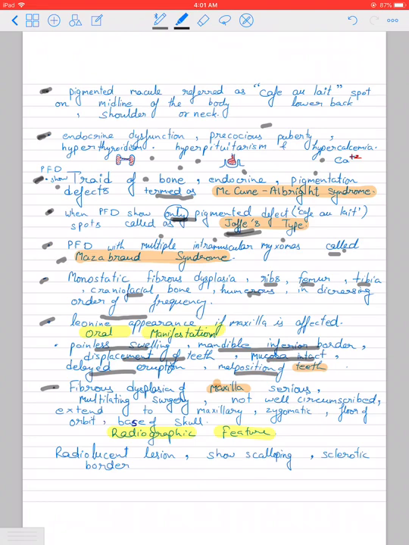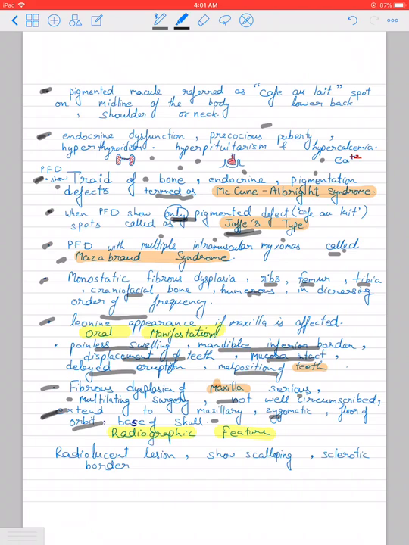Another point is that fibrous dysplasia of the maxilla is serious, and multiple surgeries are required. The lesions are not well circumscribed, and lesions of the maxilla tend to extend to the zygomatic and other parts of the face, like the floor of the orbit, base of skull, etc.